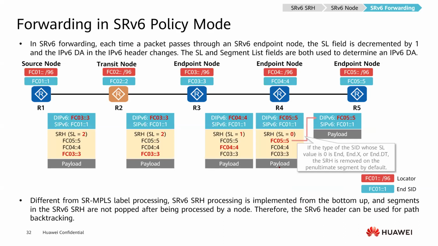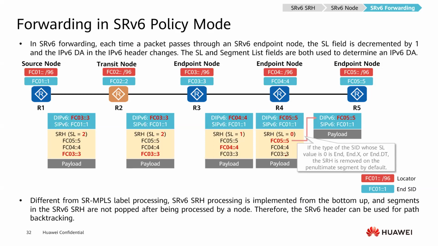Now let's look at the SRv6 policy, because before we already mentioned the concept of policy when we talked about SR MPLS policy. So here we directly look at forwarding in SRv6 policy mode.